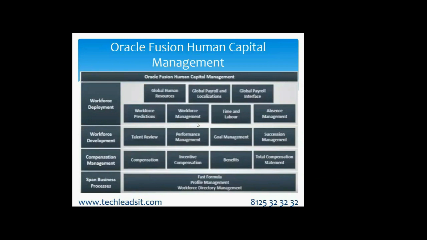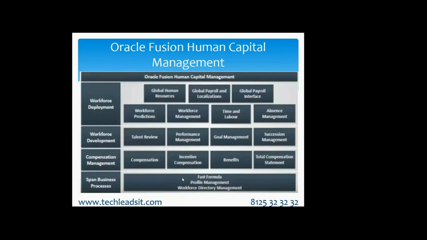Global human resources, workforce management, payroll, interface, time and labor, and absence management. If they want to go for performance management, talent, goal, and succession management, they should be going for workforce development. And if they want to go for compensation, incentive, benefits, they will go for compensation management.